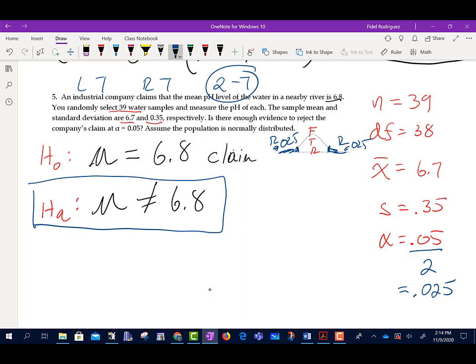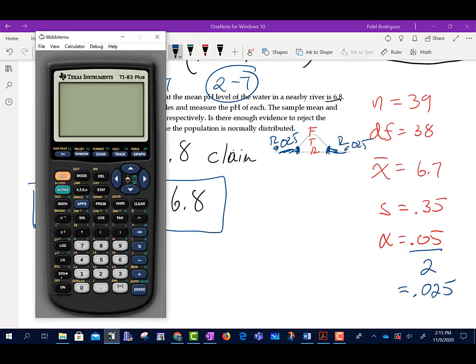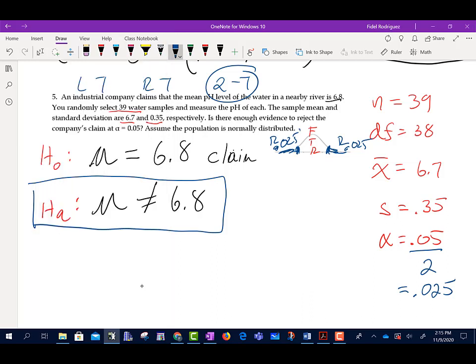So now if I want to find those two critical values, remember one of them is going to be negative and one's going to be positive. The way I'm going to do this, I'm going to take my calculator, turn it on, and hit second vars, and you'll go down to inverse t. I just don't have that, so I'm going to go to my program, my inverse t. It's asking me for the area to the left.